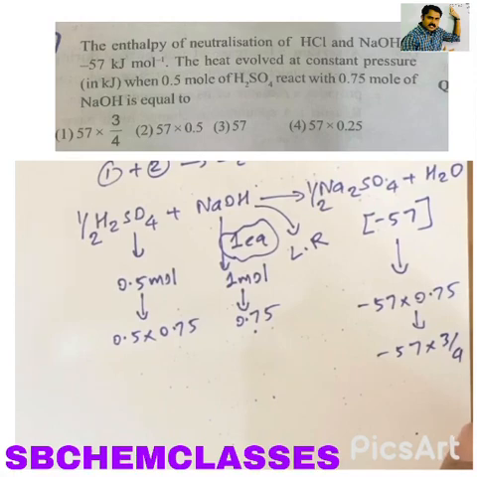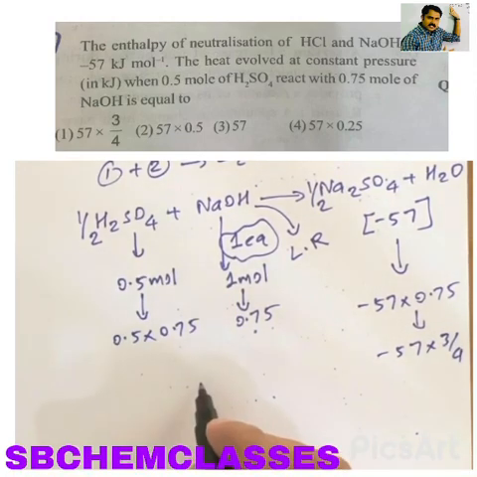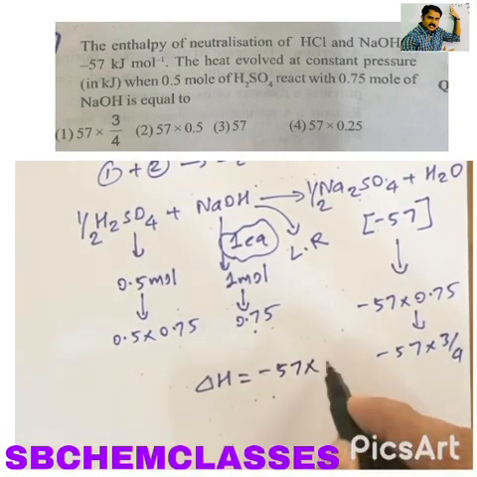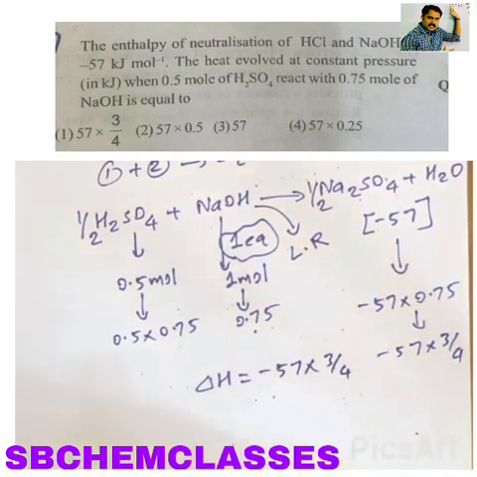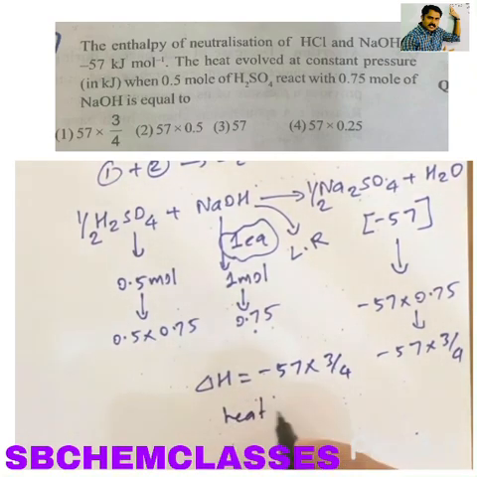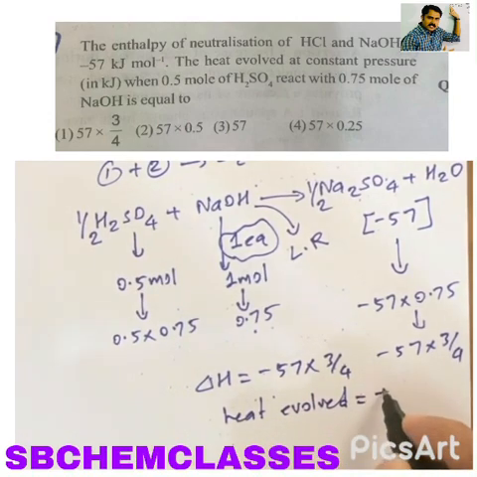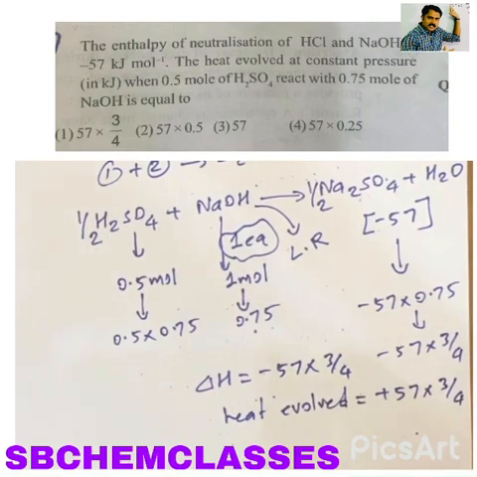So the enthalpy change is minus 57 into 3 by 4. But the question asks, what is the heat evolved? Heat evolved should be the positive value. So plus 57 into 3 by 4. So answer 1.